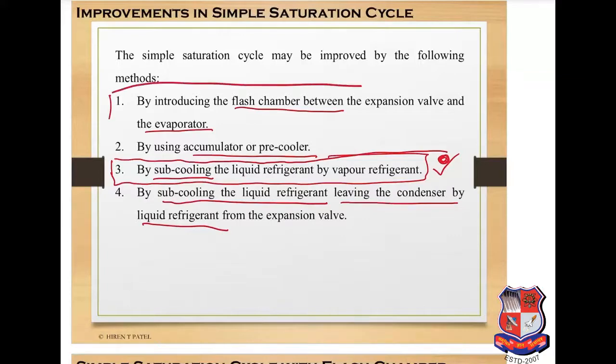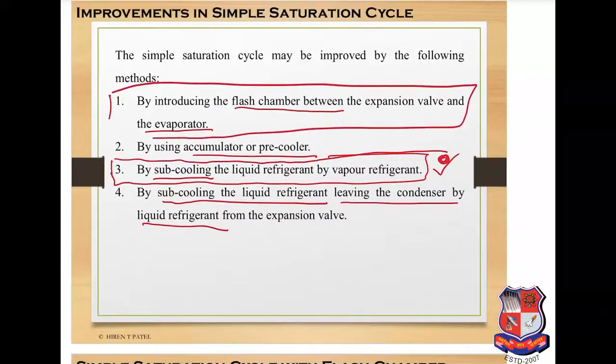The first method is utilized to reduce the mass handling and the size of the evaporator, and the other two are just utilized to change the refrigerant. It doesn't affect the components and the coefficient of performance of the system. So this is it for this video.